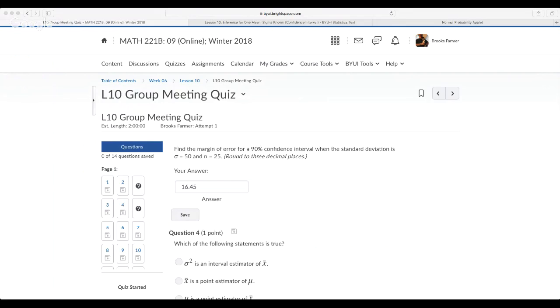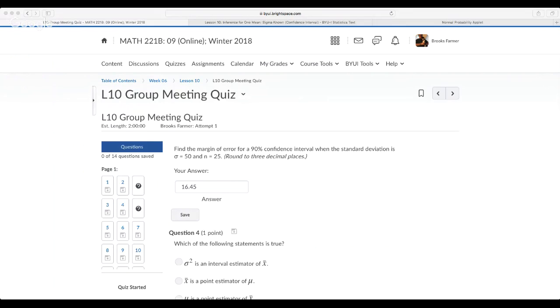No. I think it's 1.645, which is the z-score, and you do that times 50, which is the standard deviation, divided by the square root of 25.